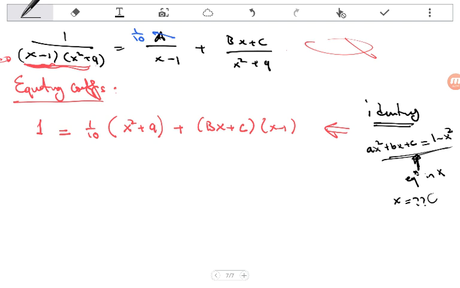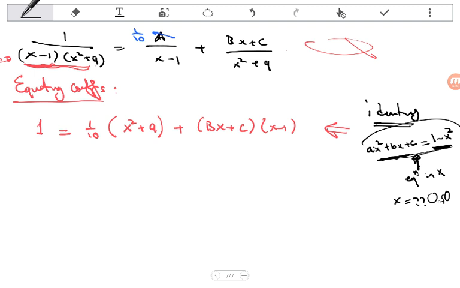It will be discrete values of x, so maybe one or two values of x. But when I tell you that this is an identity, what is meant by identity? It means that this expression is equal to this expression for all x. It is identical. Both sides are identical.